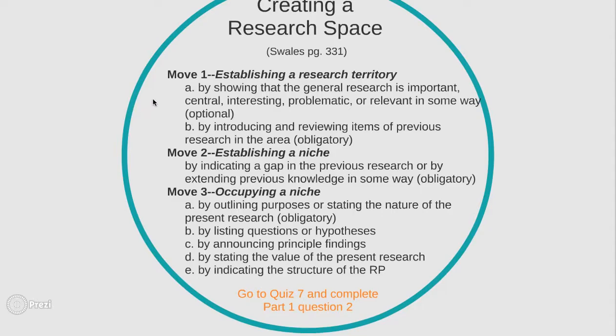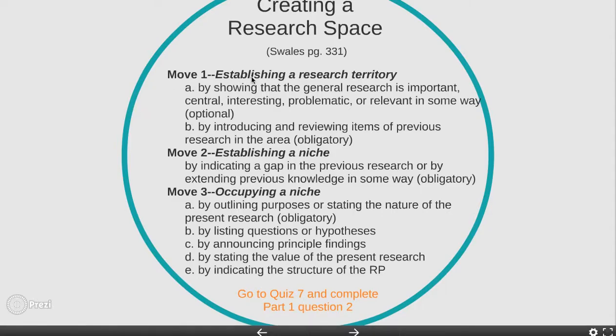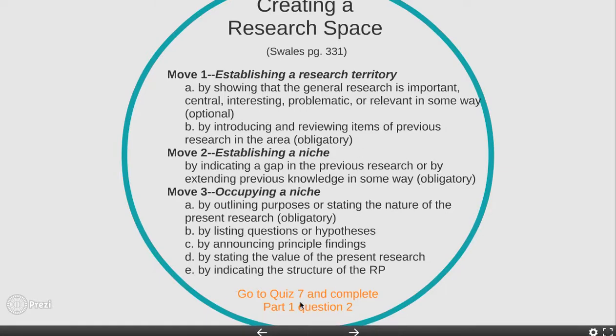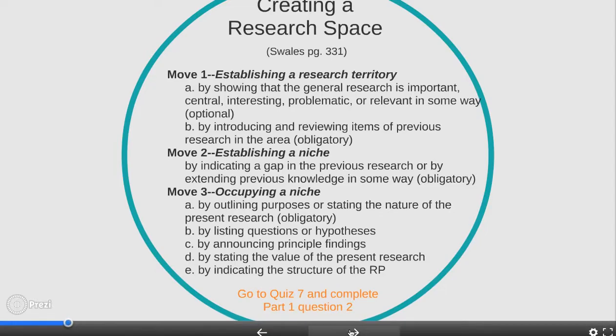I want you to show me with quotations how the author does this to show me that you understand what it means, and then explain. So provide quotes, show how the author does this, and explain if you think and why you think the introduction is effective. Okay, so pause the video and go do question 2.